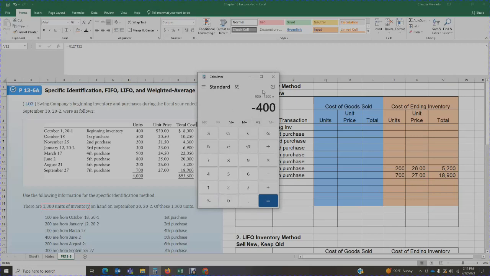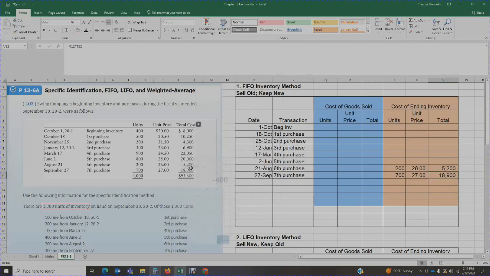So that means I need 400 more units from that 5th purchase. On that 5th purchase, I purchased 800 units. I only need 400 to come up with my 1,300 units, which is what I have not sold. So I've got 400 units at $25. That gives me 10,000.